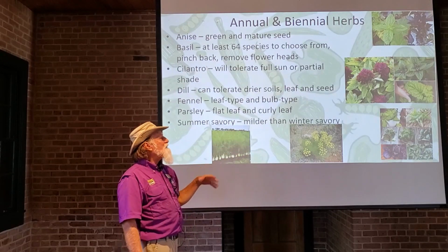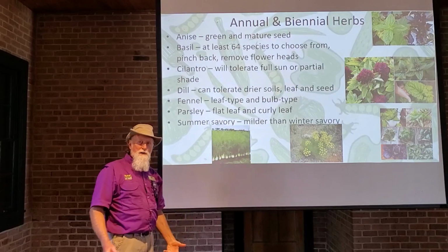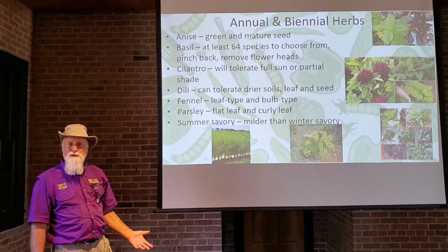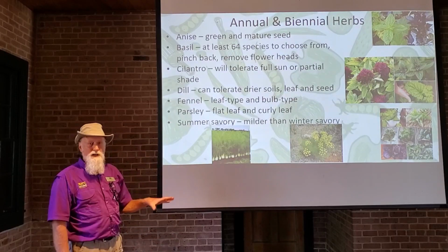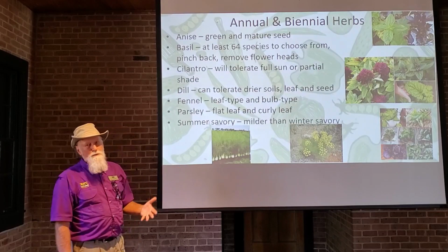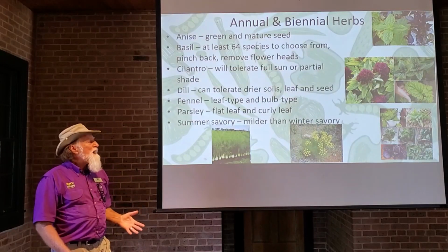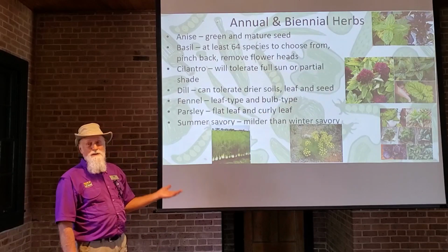Some of them have gorgeous flowers that are in heads. Others have longer spikes of flowers that aren't quite so attractive, but if you like that, those are attractive. And there's different colors from the dark green, light green, purple, kind of reddish color, everything in between. And then there are different leaf types.